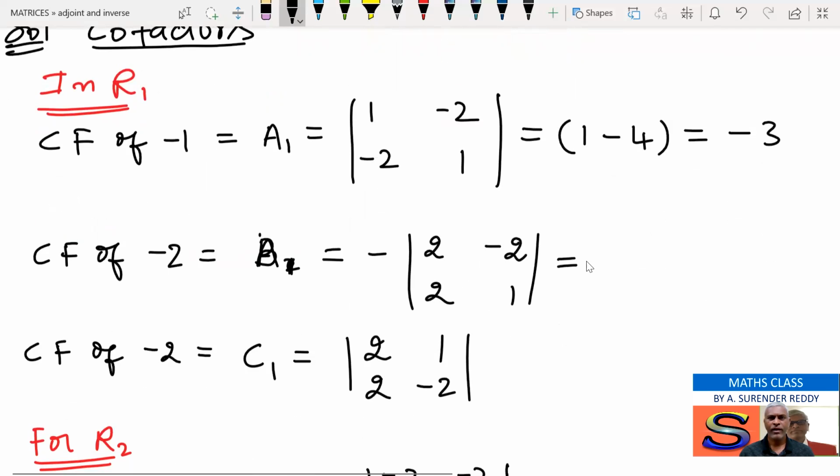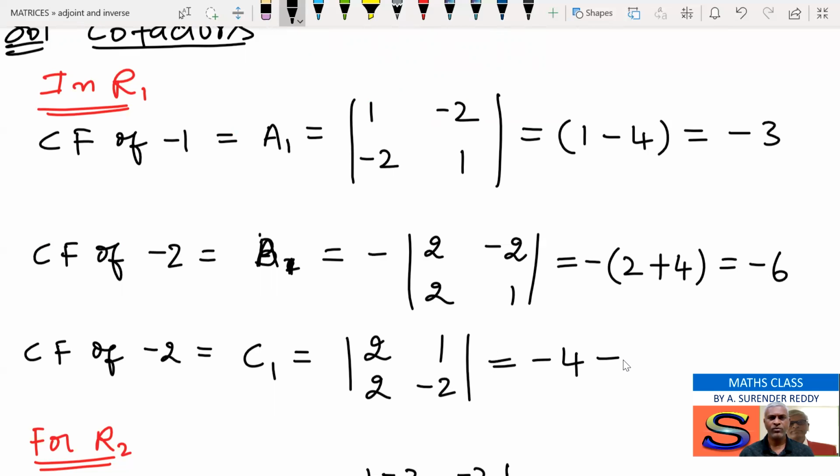Now minus of 2 into 1 is 2, 2 into -2 is -4, minus into minus plus 4. 4 plus 2 is 6, so it is -6. 2 into -2 is -4, 2 into 1 is 2, so -6. The first row is -3 -6 -6.